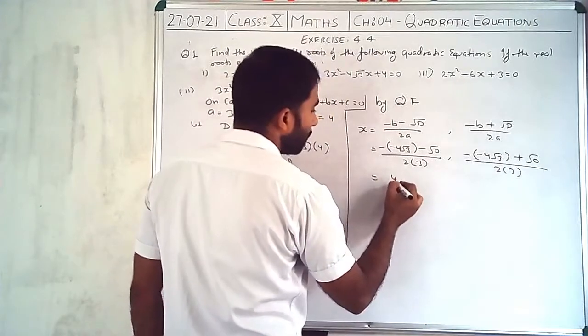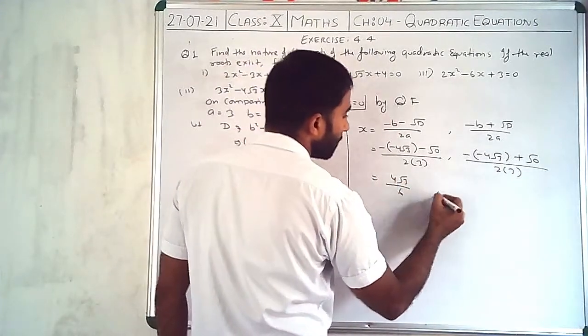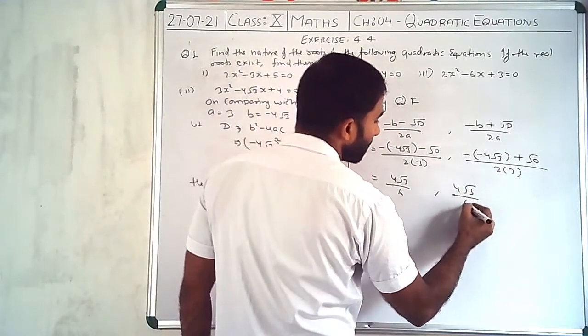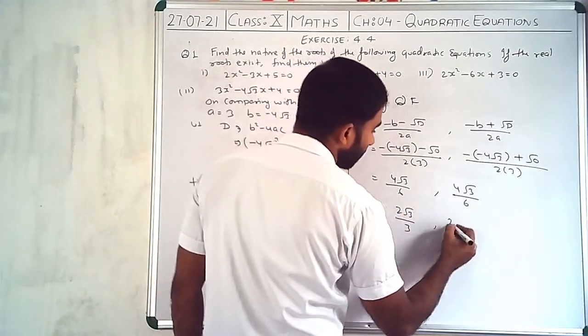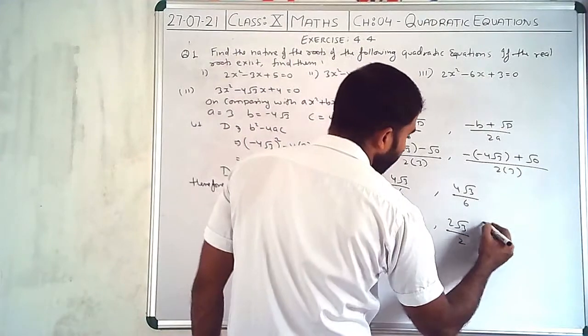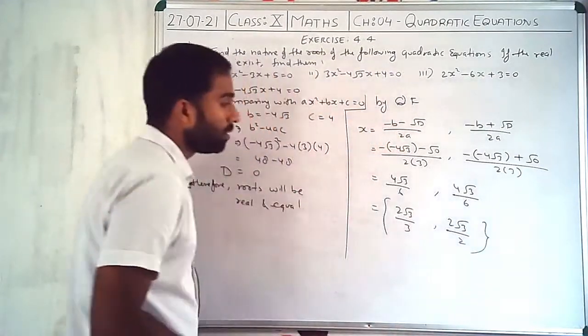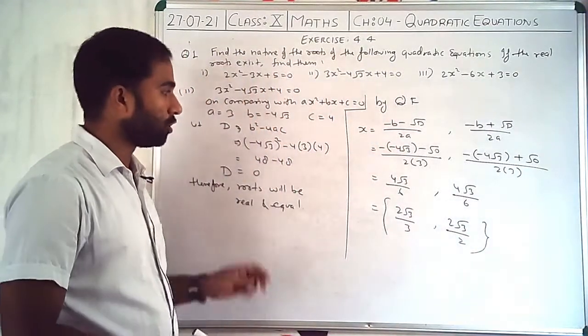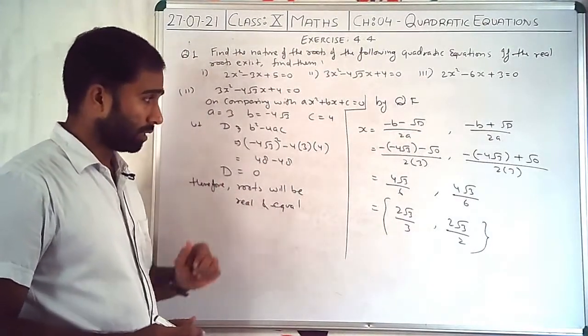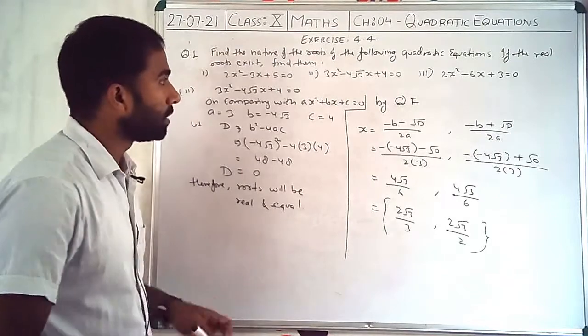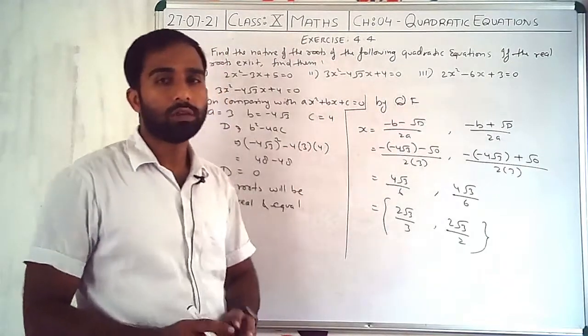Simplify it: 4 root 3 by 6, 4 root 3 by 6, or 2 root 3 by 3 and 2 root 3 by 3. These are equal and real roots. I hope you have understood clearly. Now the third part of this question is homework.